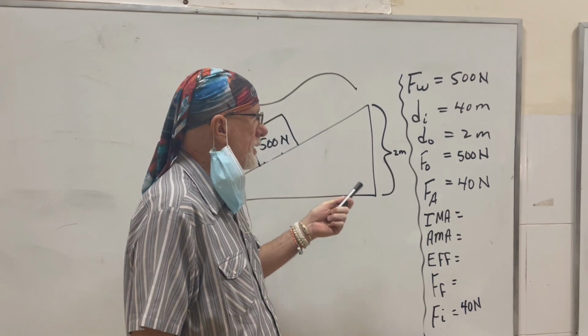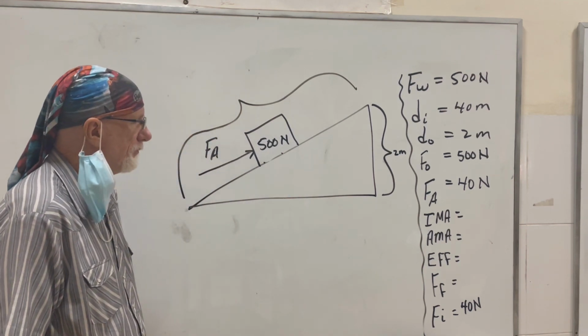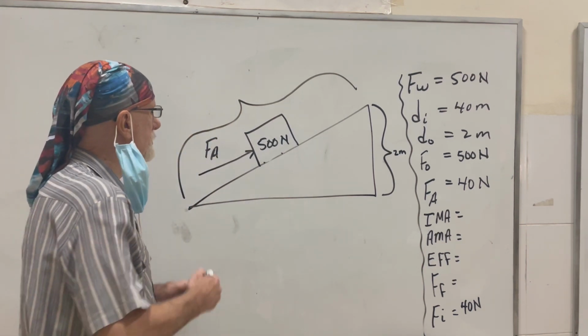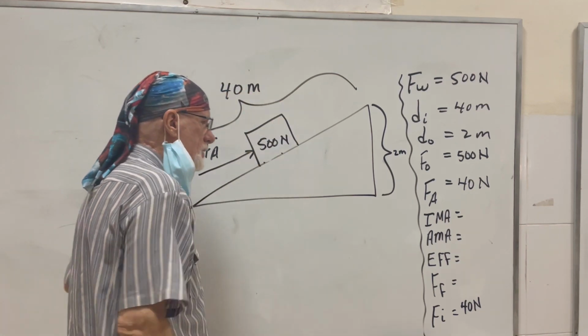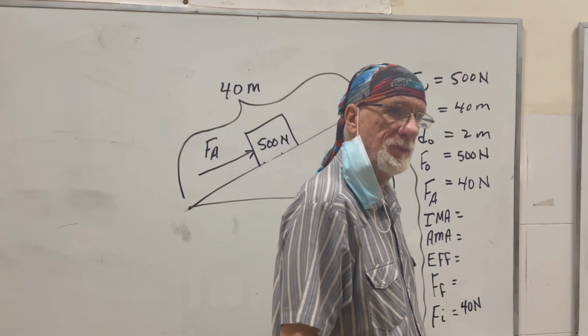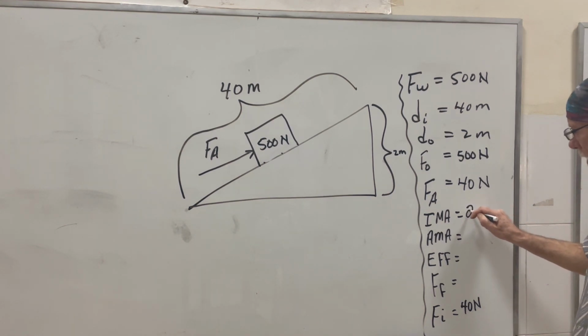So what would the mechanical advantage be of this machine? Remember, this is 40. So what's the mechanical advantage? Yes? It would be 20. Is that what you said? Okay, so that's 20.